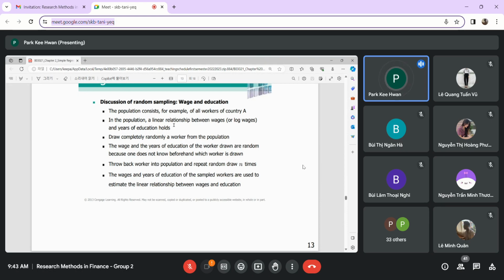Then the second assumption says we draw a worker completely at random from the population. When you draw a sample randomly, that means we do not know beforehand which worker will be drawn.